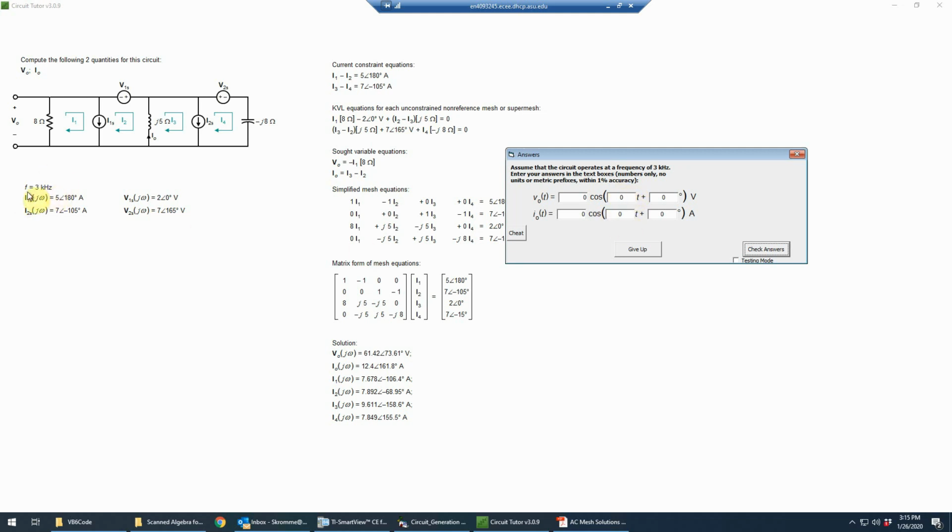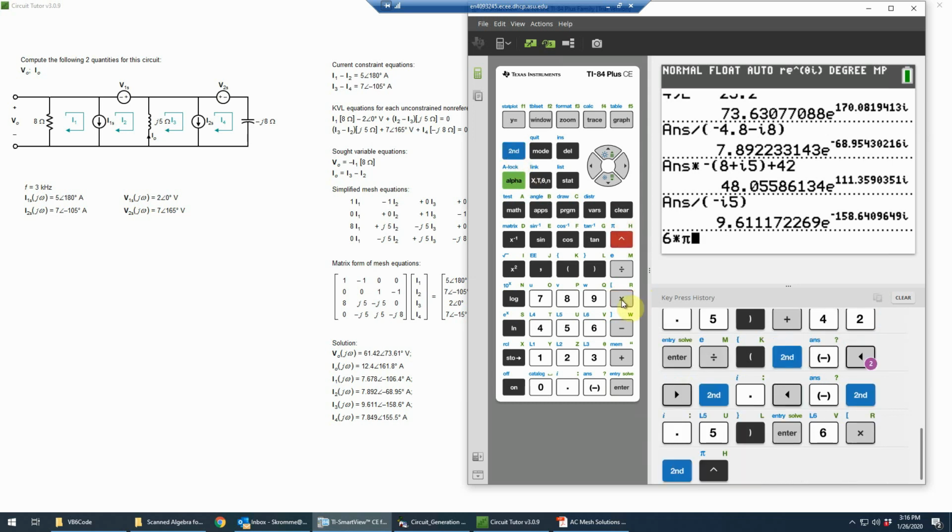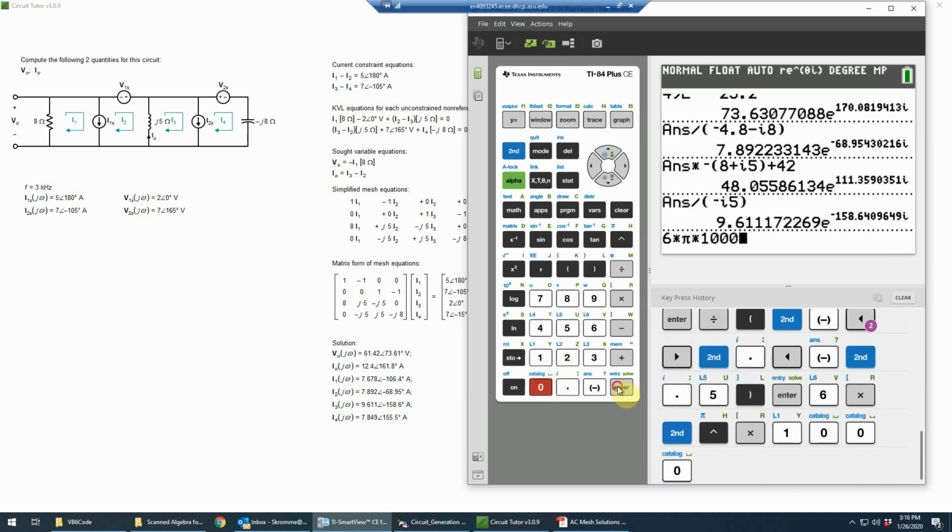So in this case, we're given f in kilohertz. And remember, hertz is not a unit of angular time frequency. That's a unit of linear time frequency. So omega, therefore, would be 6 pi kiloradians per second. And in order to get the number for that, we'll just use the calculator. So 6 pi times 1,000, I guess, for the kilo.